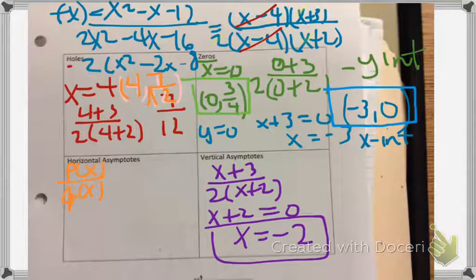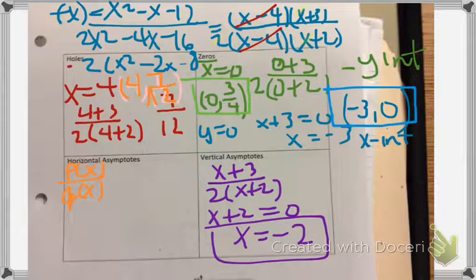Okay? Now, you have 3 rules when it comes to horizontal asymptotes, and I'm going to refer to their degrees. So let's take a look at x squared minus x minus 12. What is the degree of that polynomial? 2.